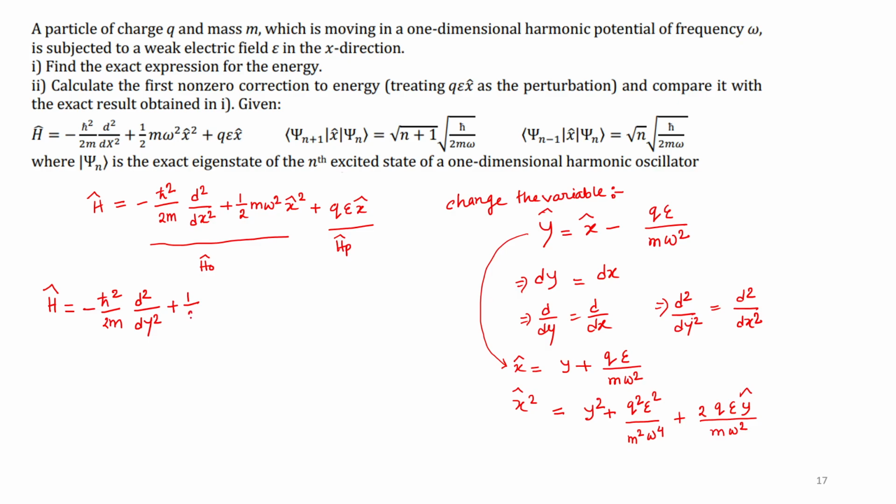Then it is half m omega square x square, and I will change the values here. Y square plus q square epsilon square over m square omega 4 plus 2 q epsilon y.